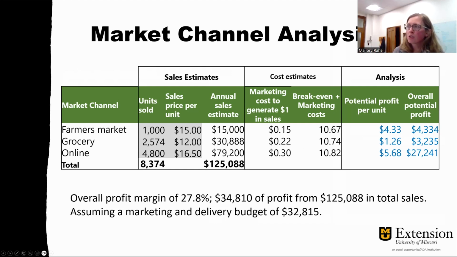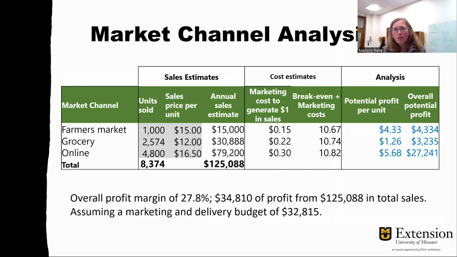The overall potential profit multiplies this per unit by the number of units that I think I can sell. This is a very dynamic set of calculations because as you sell more, your marketing costs go down, the marketing cost to generate $1 in sales. So it's important. It's why we built the spreadsheet so that you can do different scenarios to really see how these things change in real time.